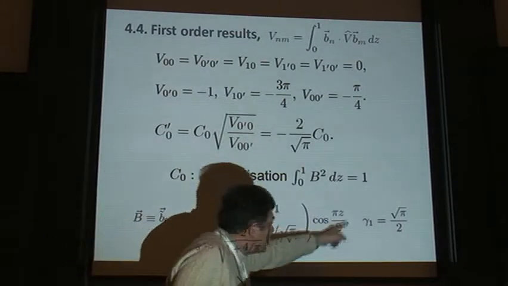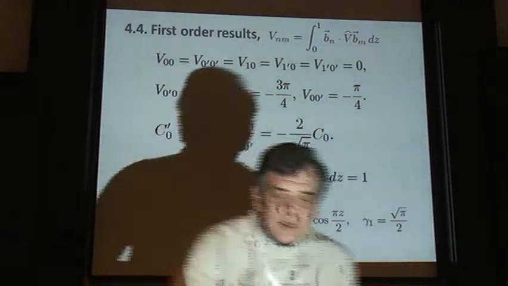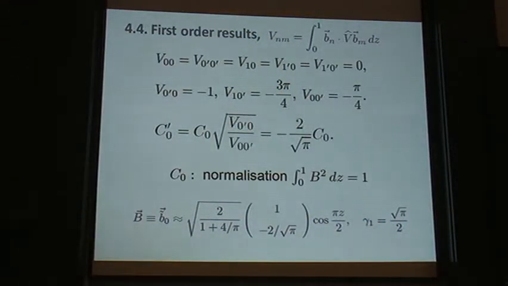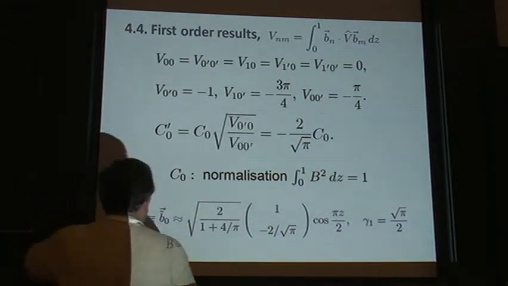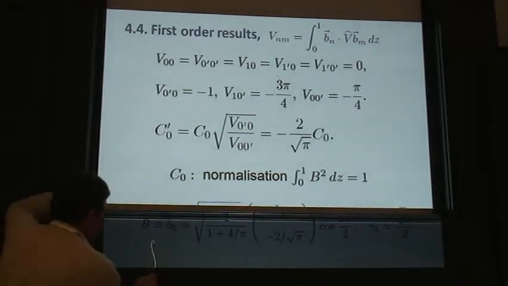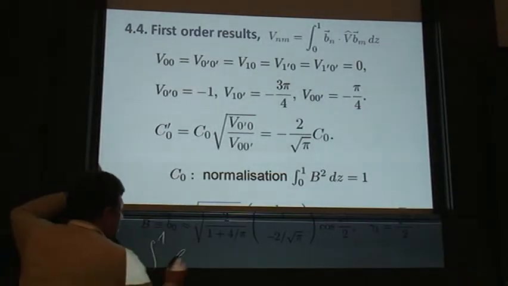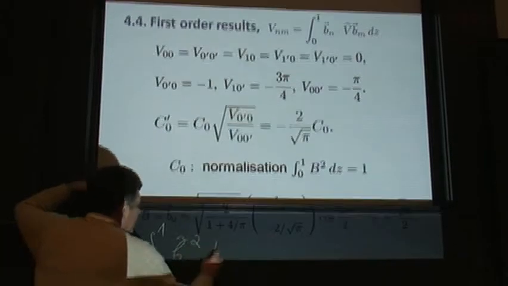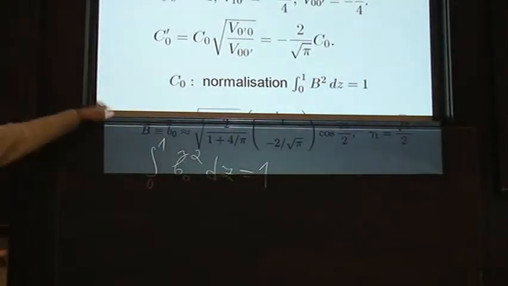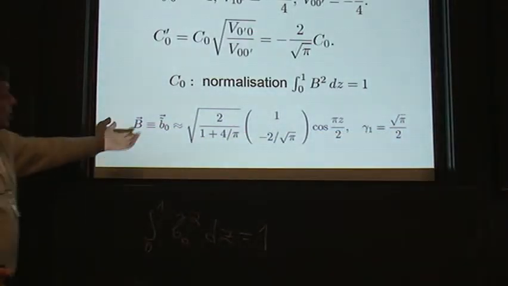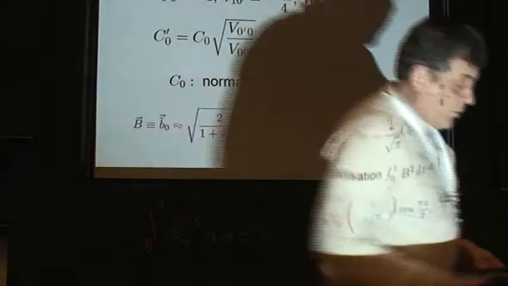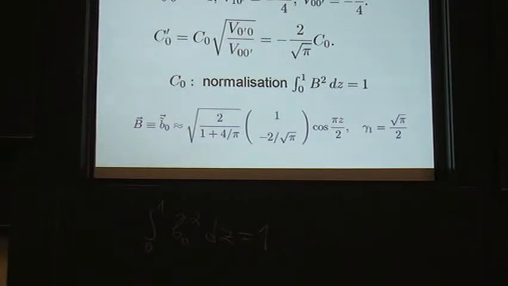I took this solution and normalized it by the condition that the integral, so this tilde means the integral from 0 to 1 of b naught tilde squared dz is equal to 1. This is how I renormalized my solution. This is the normalization. So this completes my first order solution.